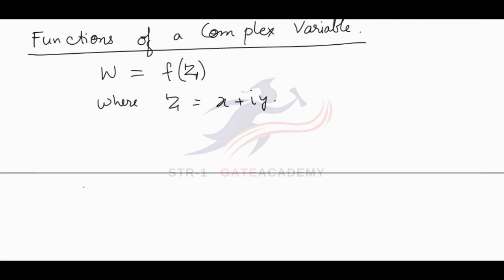This can also be represented as W is equal to f of Z is equal to u of x comma y, a function in x comma y, and iota times v in x comma y.